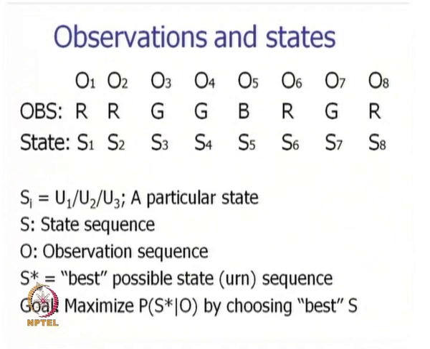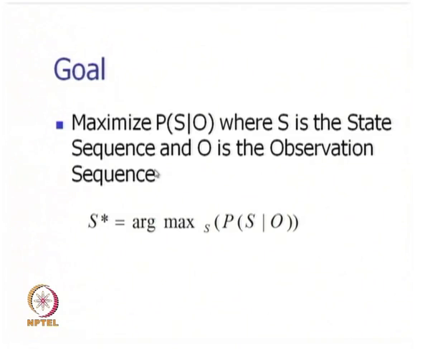We are interested in S star, the best possible state or arm sequence. Our goal is to maximize P S given O by choosing the best S, and S star is the best possible state sequence. All right. Maximizing a probability value over a particular independent variable is captured by the argmax function.